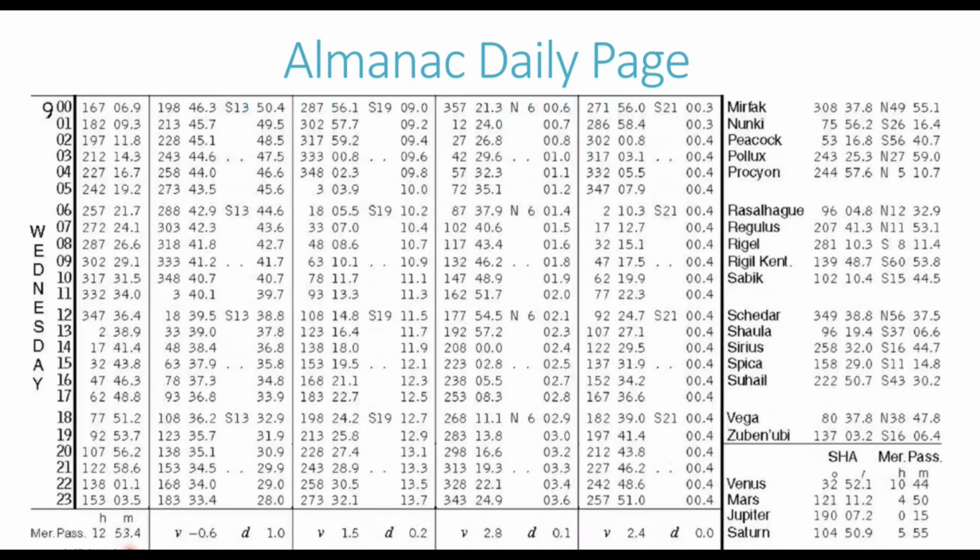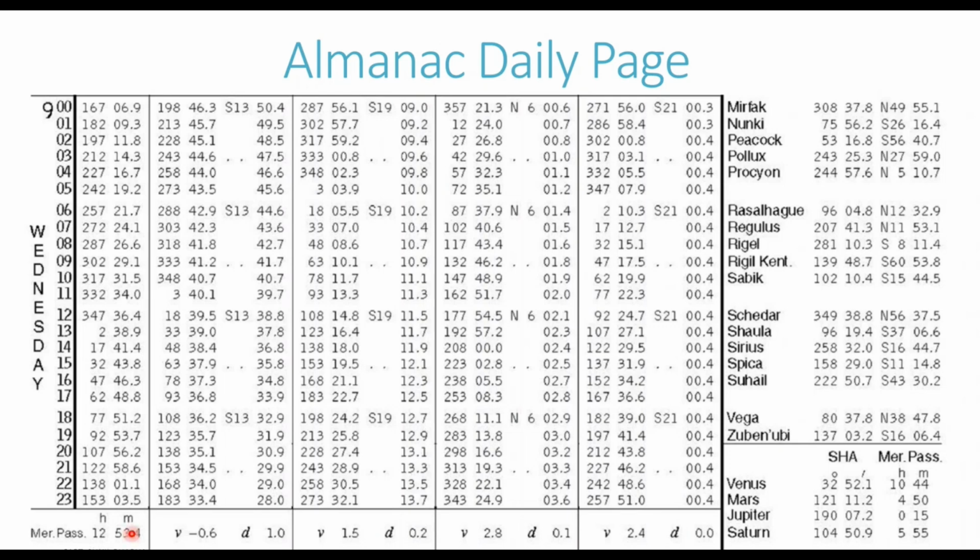This meridian passage is given in LMT. This is not GMT. The times given here with the date were the GMT times, but the time given at the bottom, the meridian passage time, is in LMT. This is the LMT meridian passage of Aries.